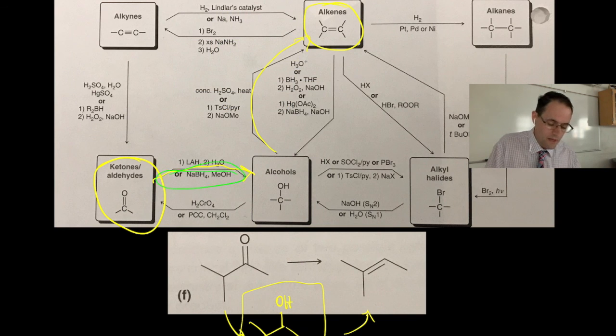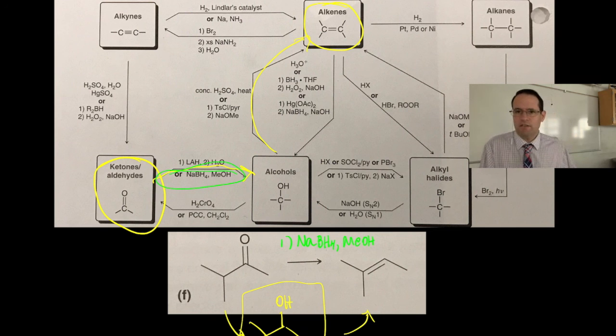So when we do this reaction, we want to choose a reduction reaction. I will choose sodium borohydride this time around. Okay, that's how you go from ketones and aldehydes to alcohols. Then H plus and heat to give you the alkene, all right?